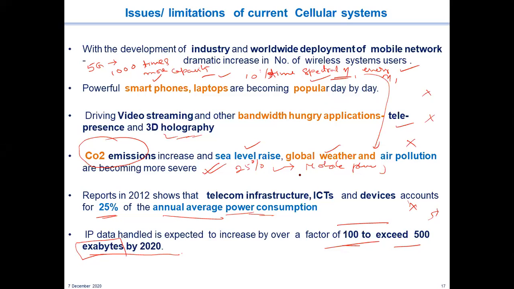So this is the reason why we should go for 5G technology. I repeat again, we should have a wireless communication technology which can give 1000 times more capacity than 4G, 10 times more spectral efficiency, higher data rates of the order of 10 Gbps, and 25 times the average cell throughput. Throughput is the actual bandwidth.